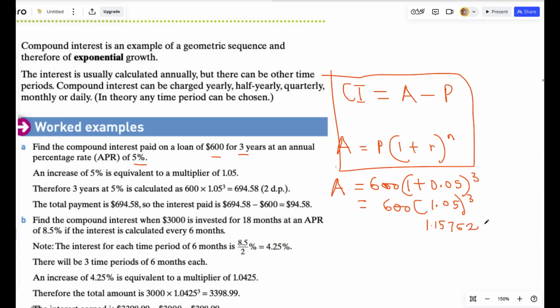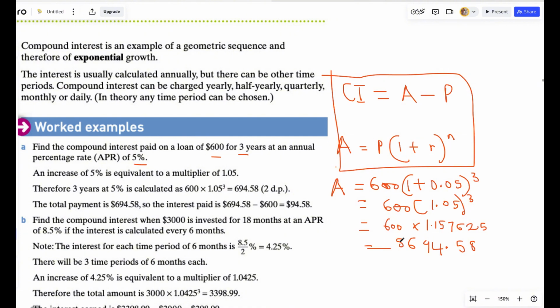So you're going to take this value and multiply it with 600. This value multiplied by 600, what do we get? If you multiply by 600, you get 694.575. We approximate to 2 decimal places, so instead of 575, we say 694.58.